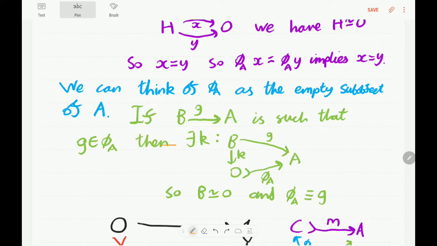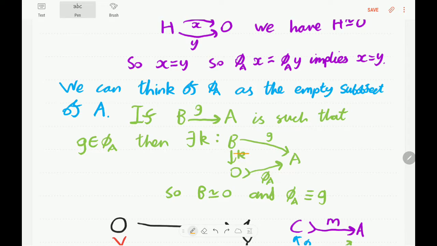Explicitly, it means that there exists a K such that G is equal to 0A after K.